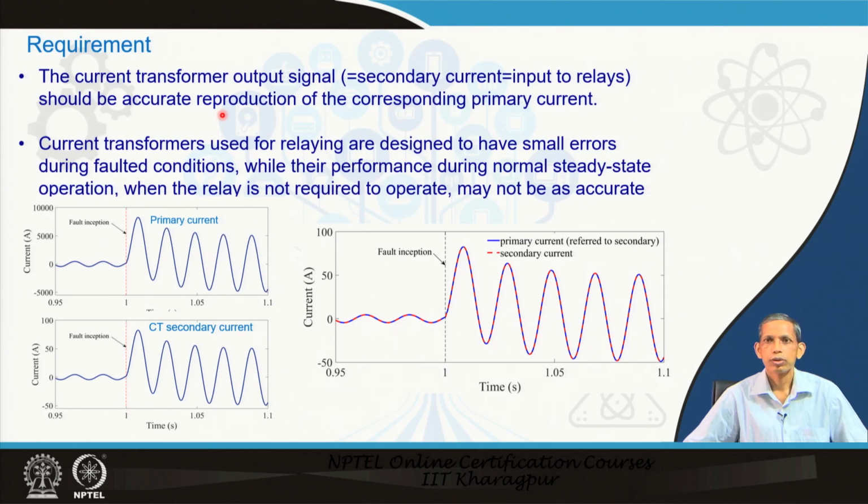In a numerical relay, if the corresponding CT ratio is multiplied with the secondary current, then the relay can know the corresponding primary current. That is what we have learned. Now, if that is so, all the calculations can be done in terms of the primary level or system level currents, which we have already analyzed.